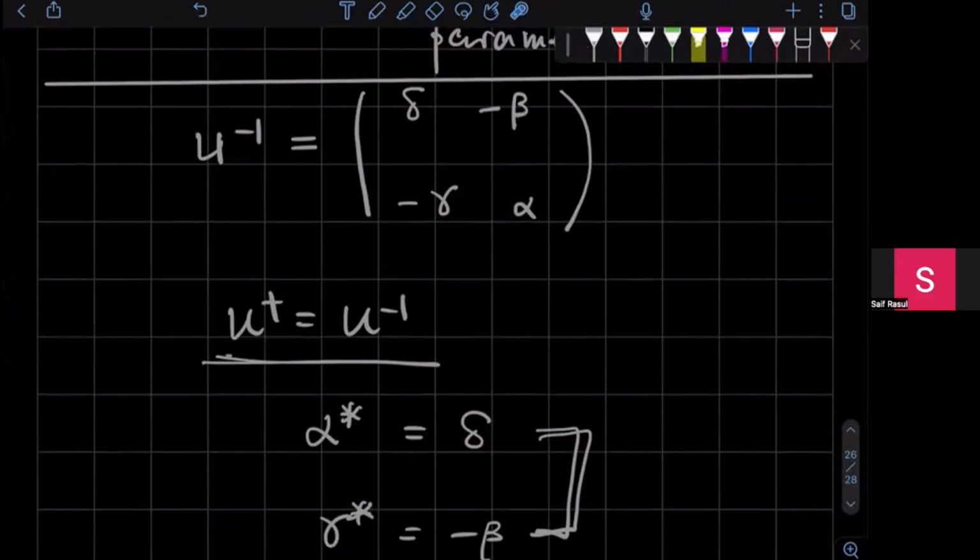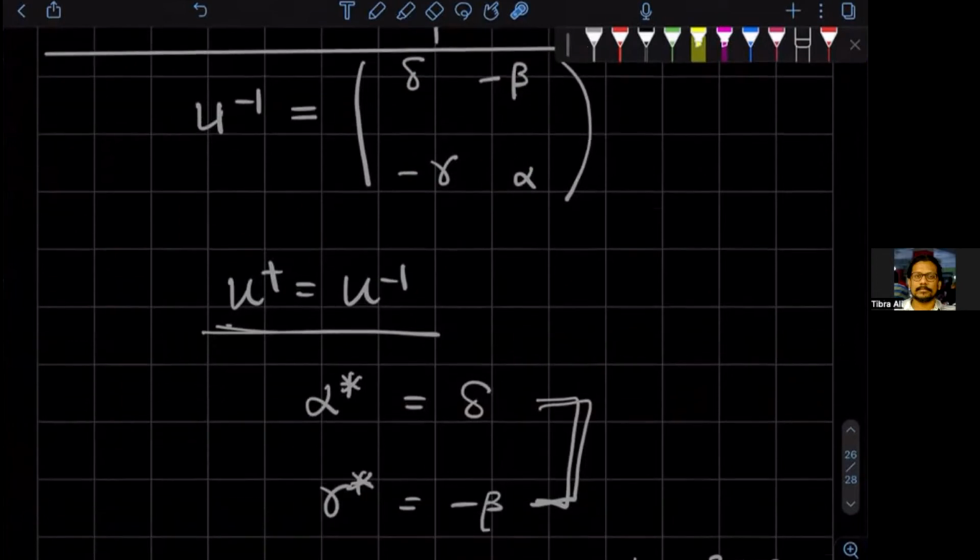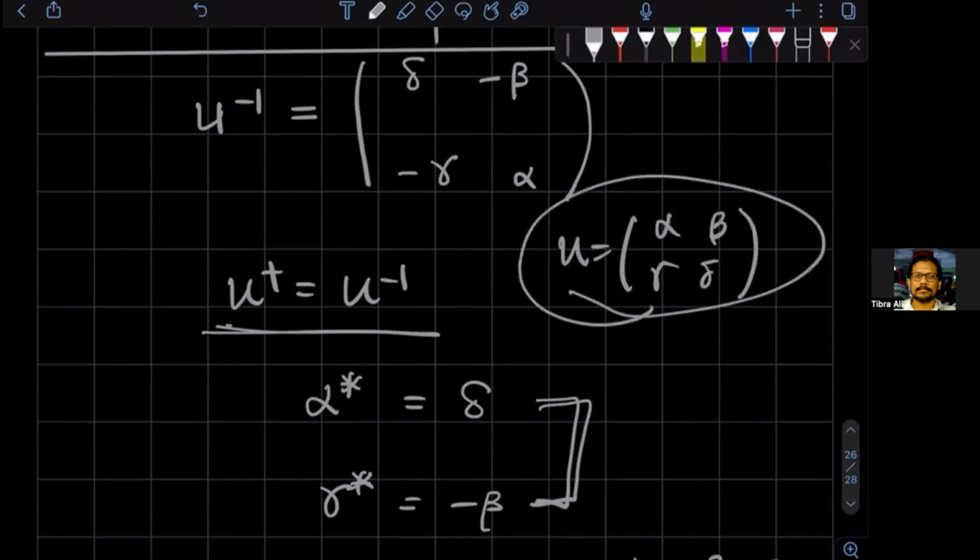It's the usual minors and all that stuff that you learn in linear algebra class. And you know that U is alpha, beta, gamma, delta, and therefore you can figure out what U dagger is, and then this is what you get from this equation.